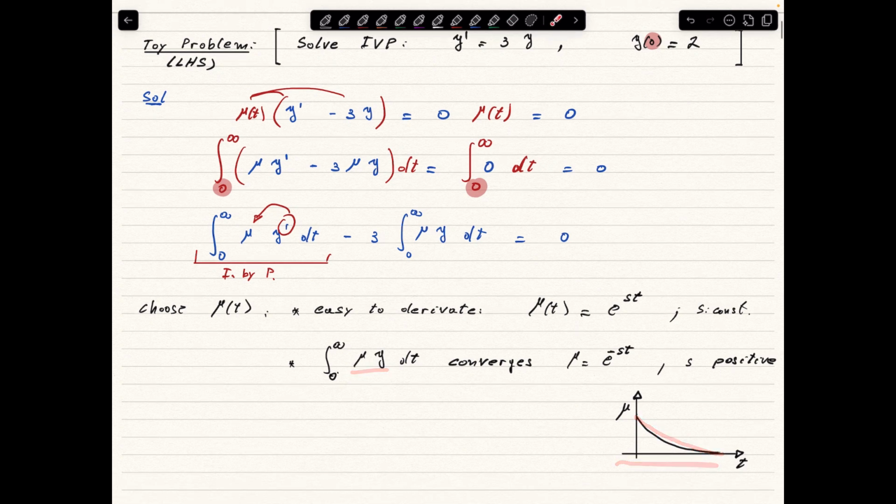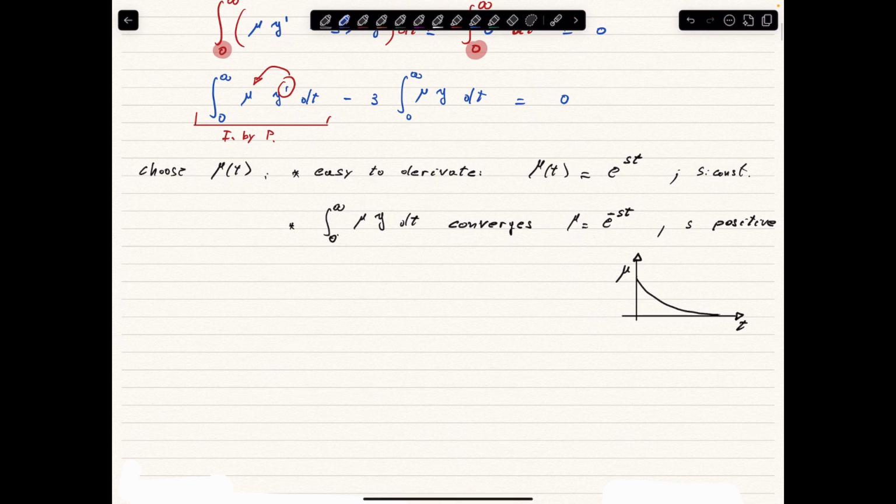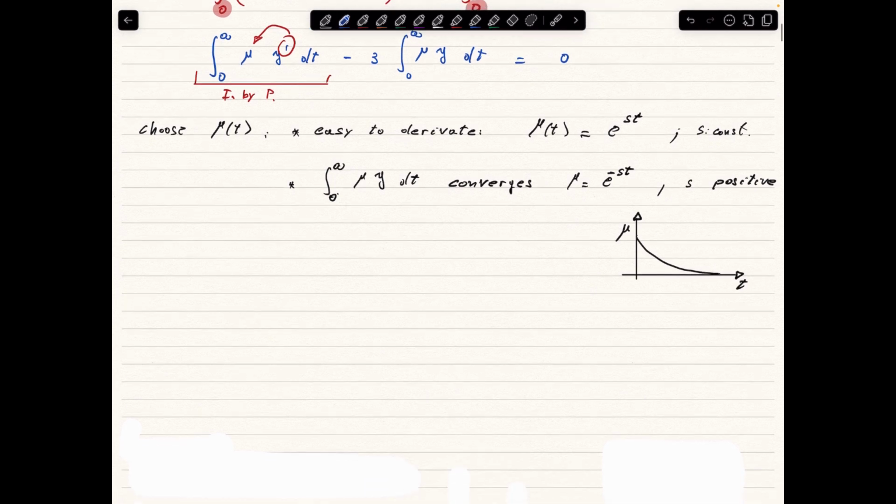converge. So the idea then is, if we have to integrate the equation to solve it, and we want to use integration by parts, maybe a good idea is to do the following. You have your original equation, y prime minus 3y equals 0. So maybe it's a good idea to multiply the whole equation by the exponential of negative st, with s positive.